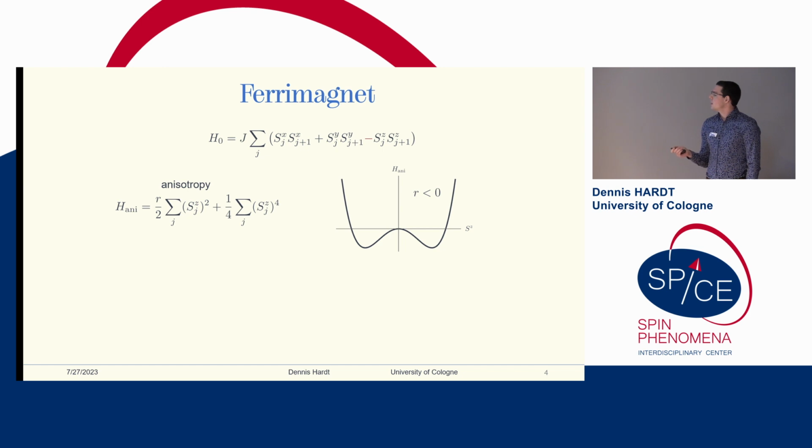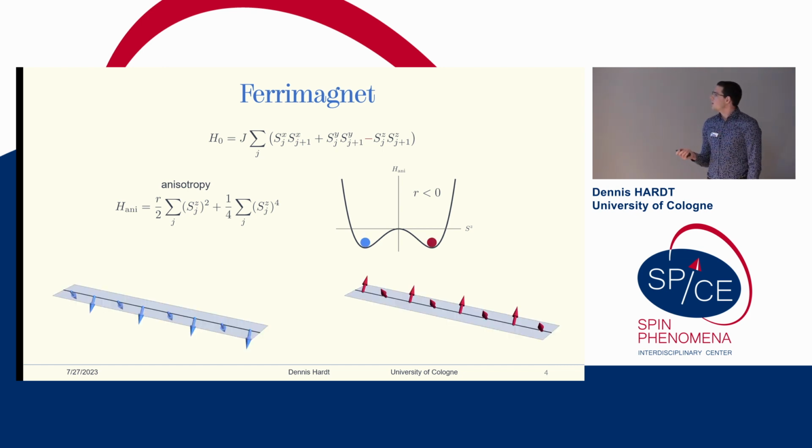So you have a similar potential, and then for r smaller than 0, you actually get these two minima. This means the system wants to align with this ferromagnet because the anisotropy couples to the Z direction. So we either align up or down in this direction, which gives us this little tilt.